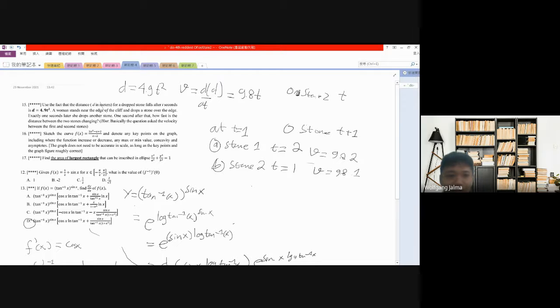So the velocity difference is 9.8 times 2 minus 1, well, 9.8. Make sense? So 9.8 is basically what? Remember? Gravity. Yes, gravity.